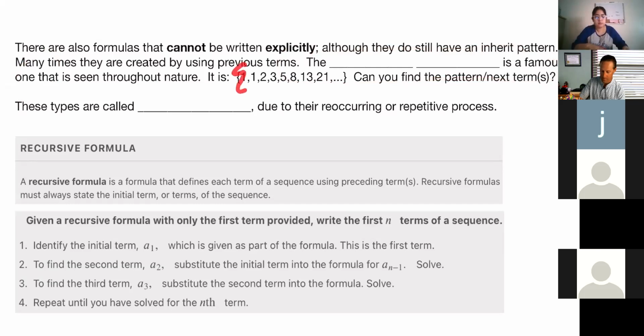Everybody see my set, my list, my sequence, we call it? It's 1, 1, 2, 3, 5, 8, 13, 21. Can anybody give me the next one? And give yourself a minute, see if you can figure it out. What is the pattern here? 34.